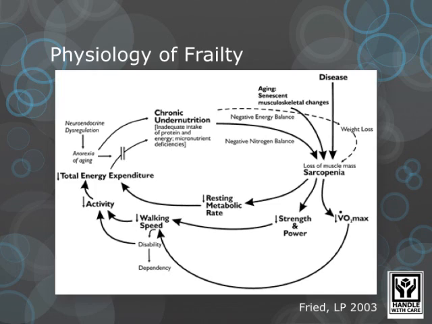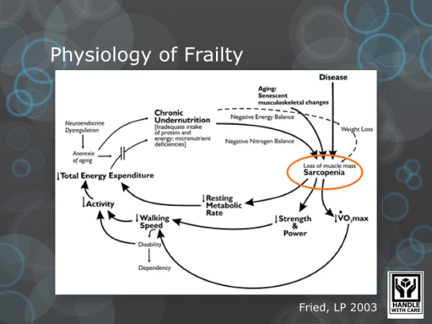So this is a really busy slide, but I think it's really very helpful if we go through it step by step. I'm not going to go through absolutely everything in this slide either. So if we start here with sarcopenia, so that's the loss of muscle mass. And that leads to, of course, decreased strength and power, and also affects our metabolism.